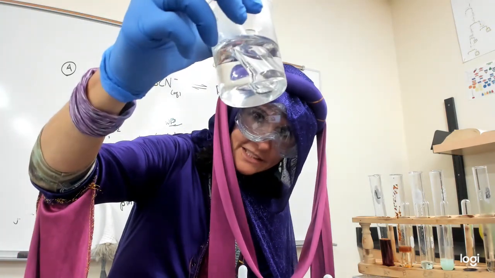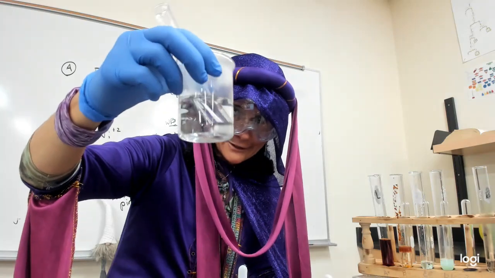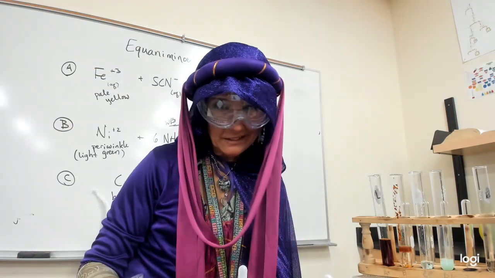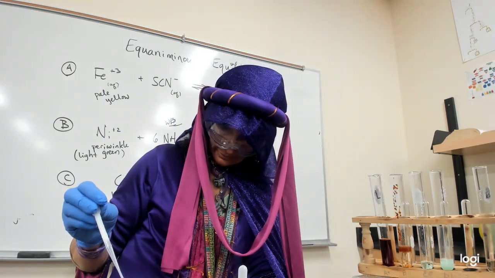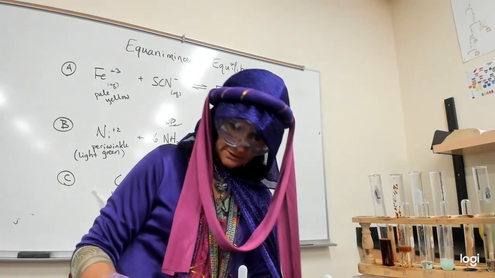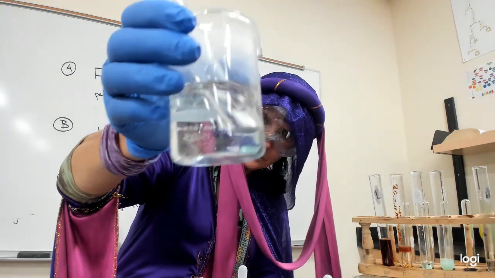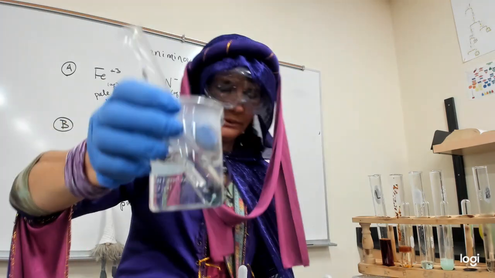Yeah, we got clear. There's a little bit of blue. I think that's the reflection of me. All right, there is a point where I don't know what I was going to say. Oh, I got it. I just need to add a little bit more chloride because we had diluted the chloride too much. There we go.